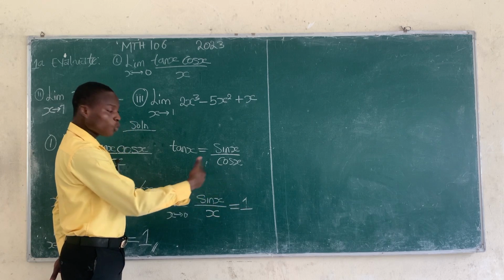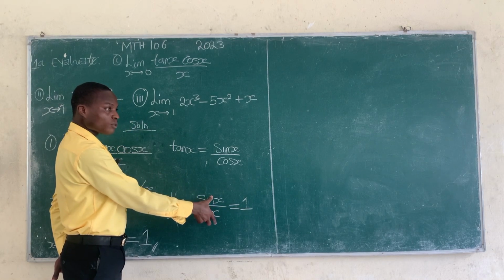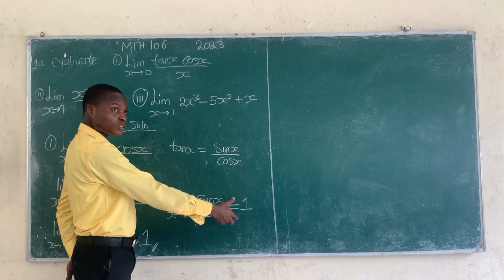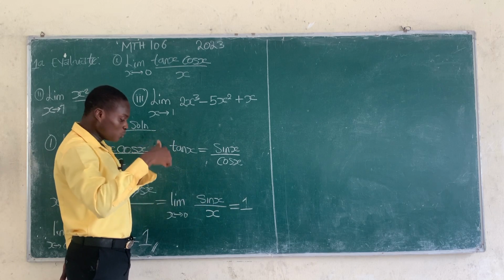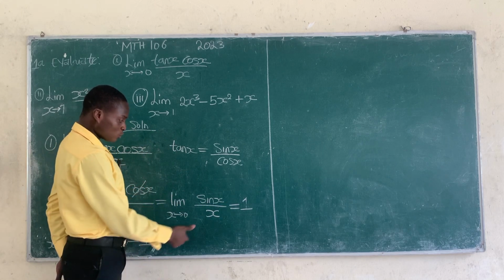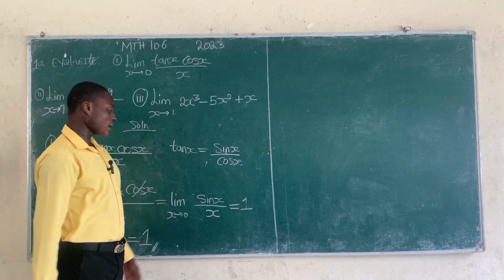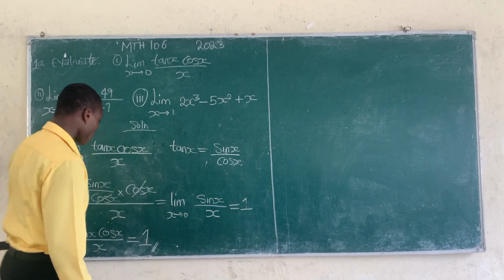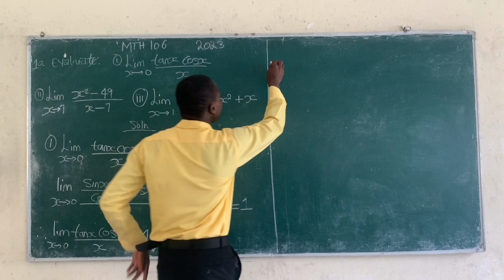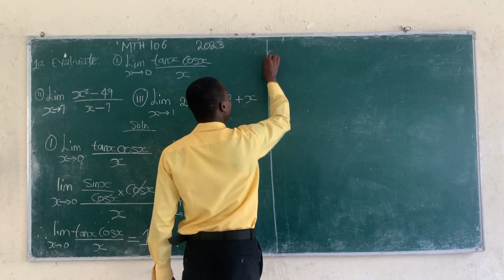You don't need to start showing how the limit of sine x over x approaches 1. But to know the reason, you can watch that video to see why sine x over x, as x approaches 0, is equal to 1. So let's move on to the second question.